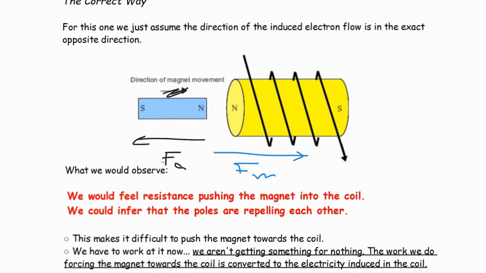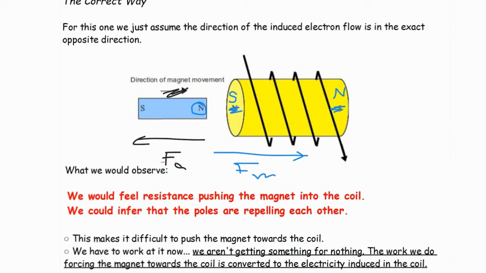In order to oppose that, this is still the north end of the magnet. This needs to be the south end, which makes that the north end. So if I move away now, those poles are flipped. And because those poles are flipped, now the direction of the electron flow will be flipped as well.